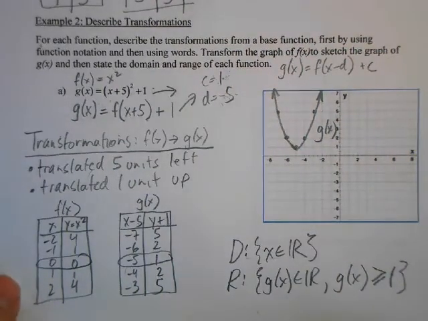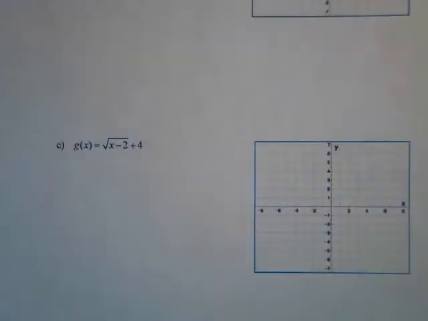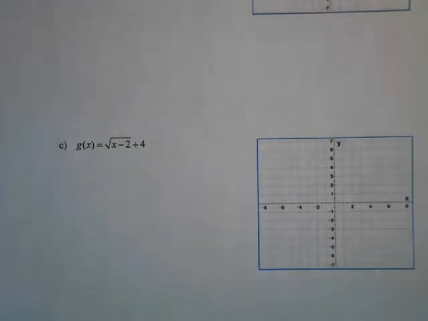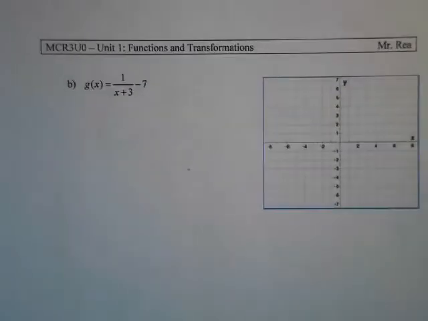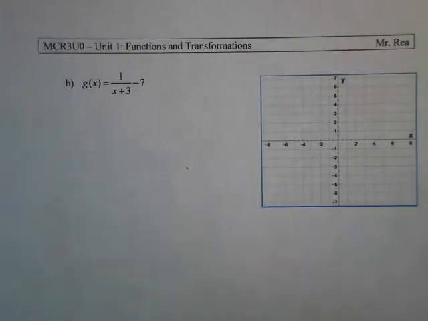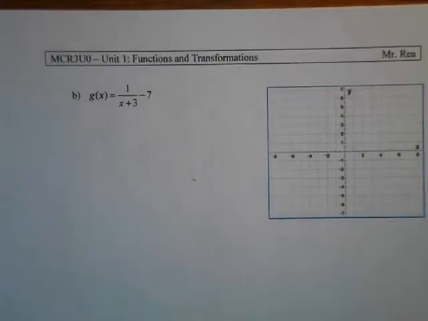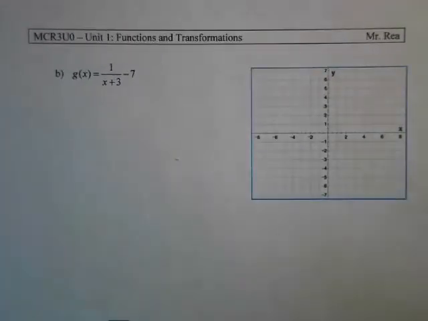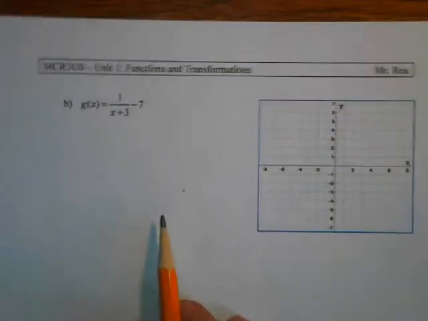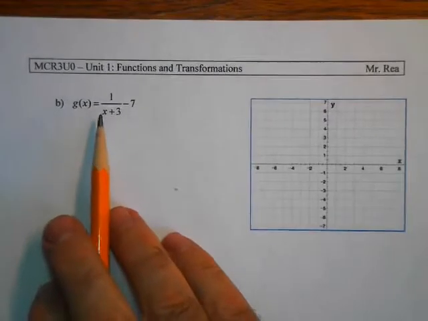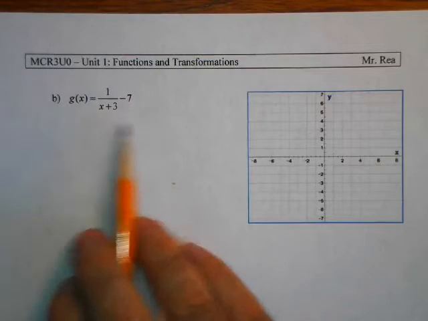Okay, let's do a couple more of these, taking a journey through the different base functions. We've looked at the square root function, and we've looked at quadratic a couple times. This time, just like we did last time, we have to figure out what the base function was here.